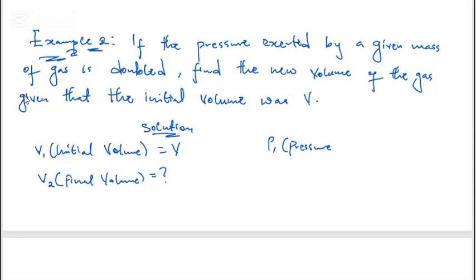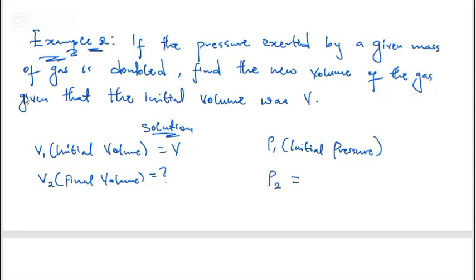They say the pressure exerted by a given mass of gas is doubled. That means our P2, so this is the initial pressure, P1.